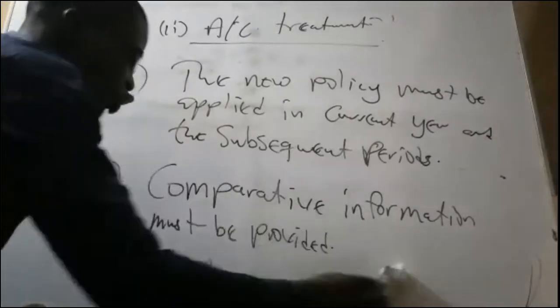The standard gives only 2 conditions or circumstances in which you can change your accounting policy. Only 2.